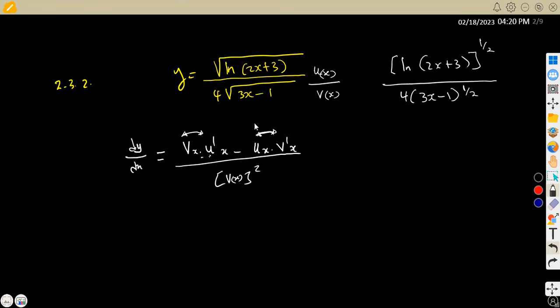But do not interchange across, like this. Once you do that, it's wrong, okay? That is what I'm trying to say there.